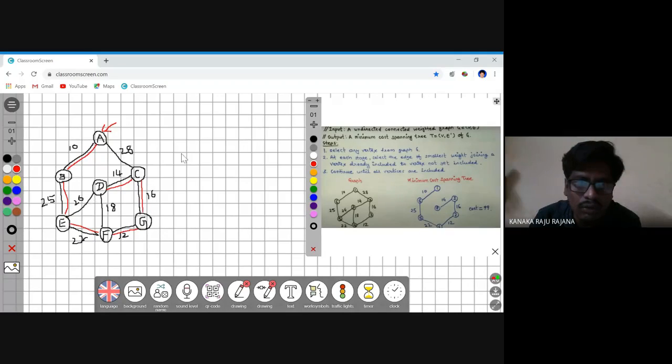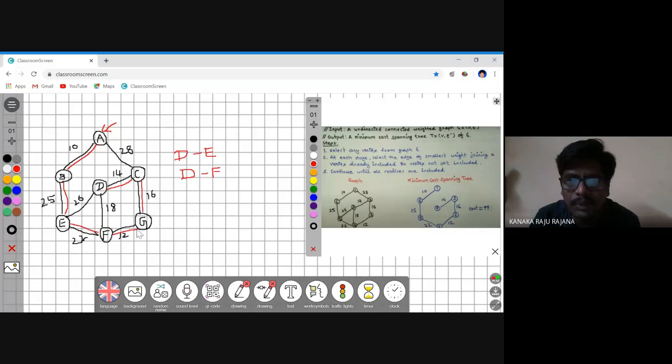If you connect from D to E, it will be a cycle, and the cycle can be C, D, E, F, G. Or else, if you connect D and F, this will also be a cycle, and the cycle will be C, D, F, G.